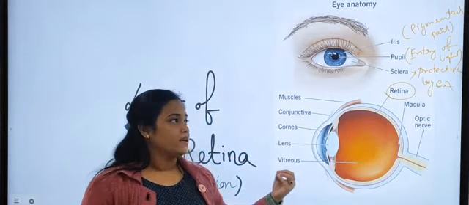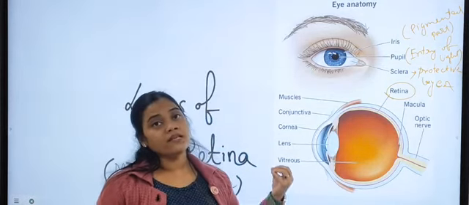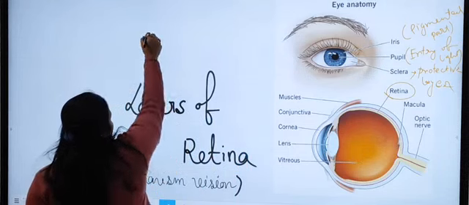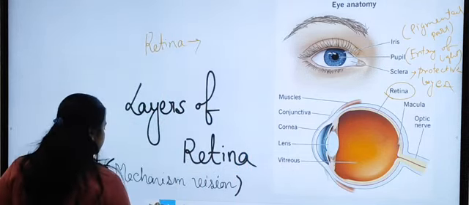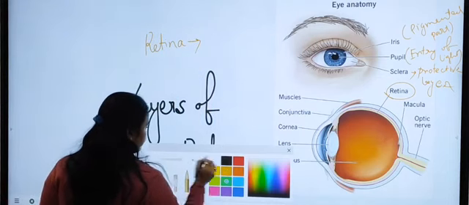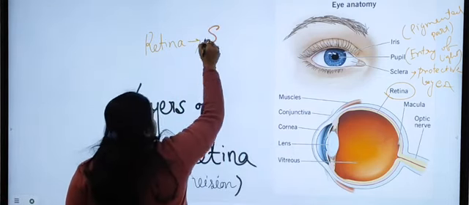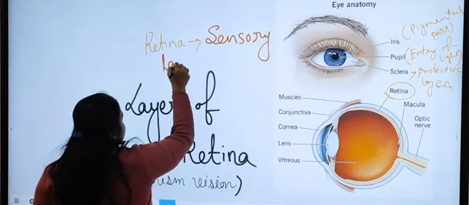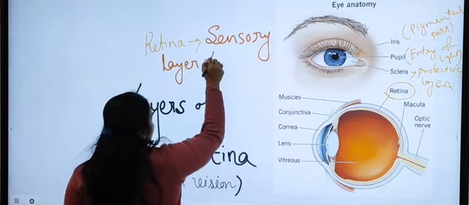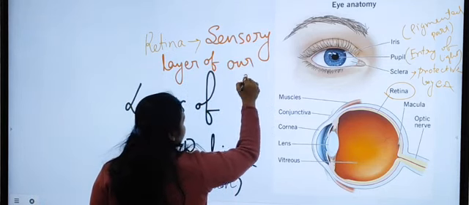And we know that the retina is the sensory layer of our eye.